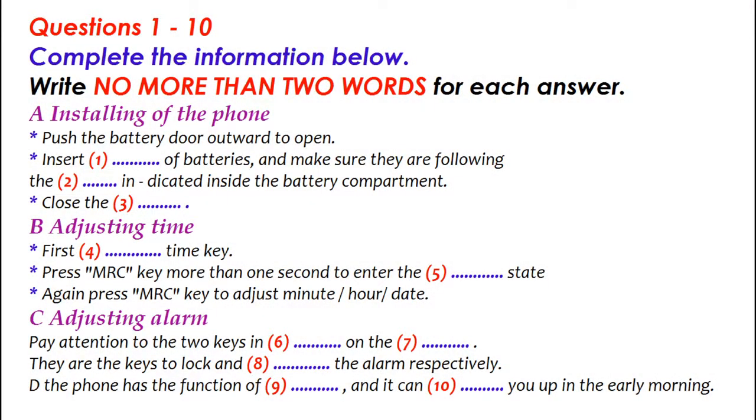Test is in 4 parts: Part 1, Part 2, Part 3, and Part 4. Now look at Part 1. Part 1. You will hear a conversation between two students about the installation of a telephone.